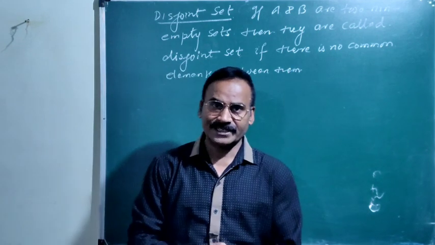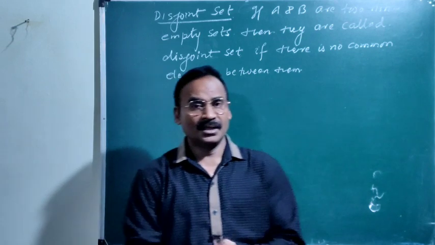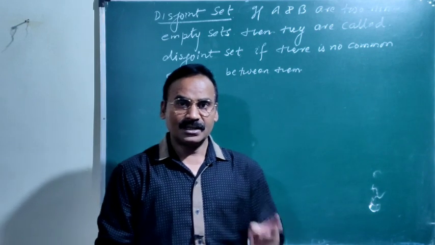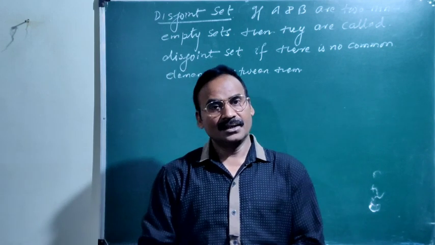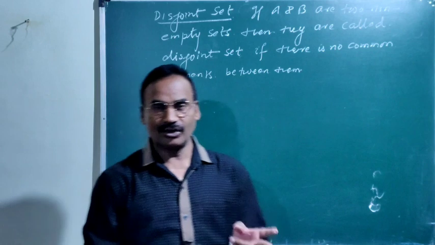That type of set is called a disjoint set. It means the intersection of the two sets is an empty set. Such sets are called disjoint sets.